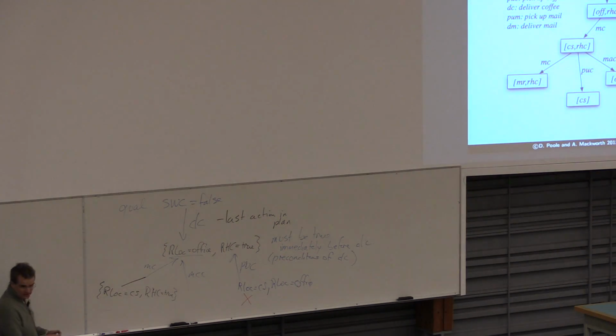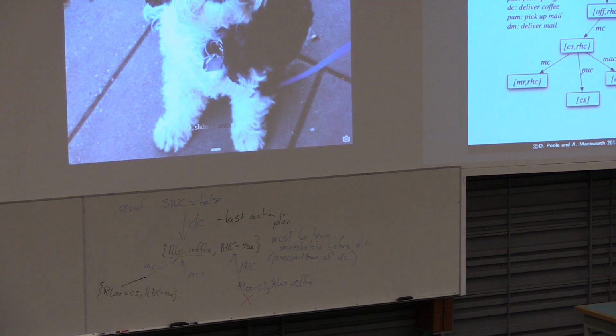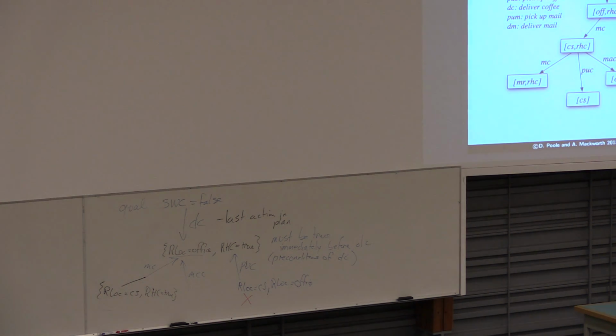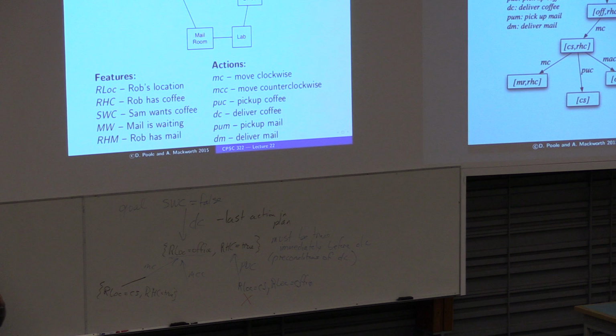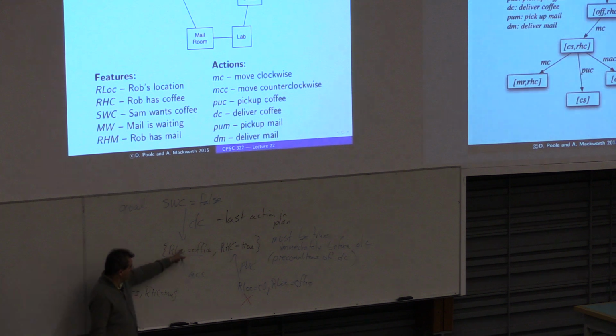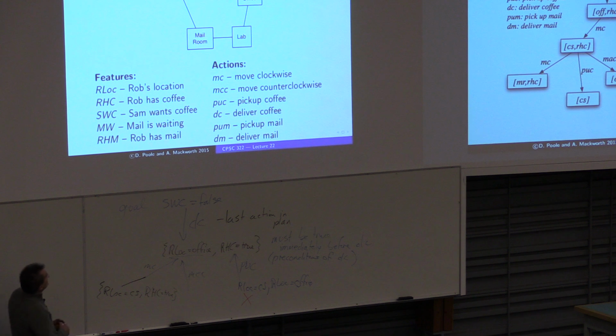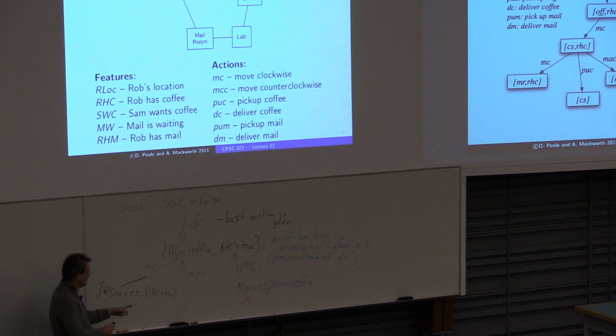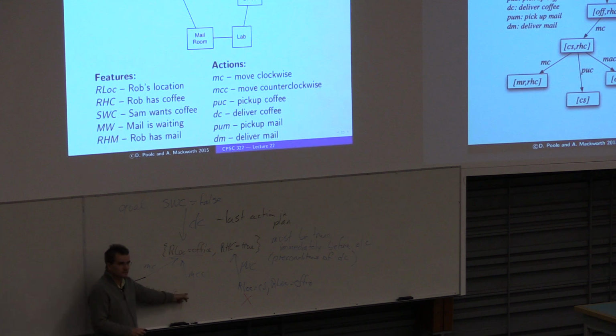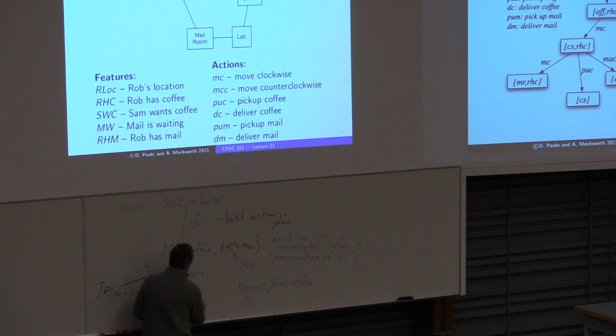And you could also move counterclockwise. Does it make sense what we're doing? Now you could also move counterclockwise, so where would you have to be to do that? Which way is counterclockwise? Anyone tell me what has to be true to do this? Right, so the robot location has to be the lab.